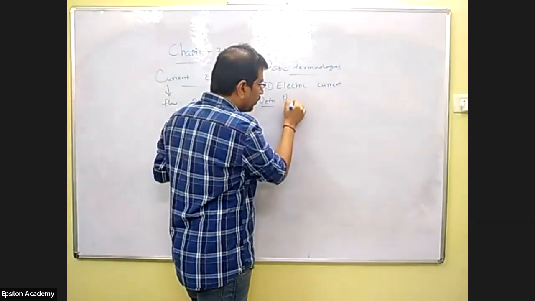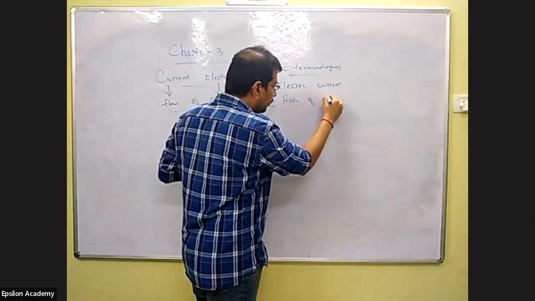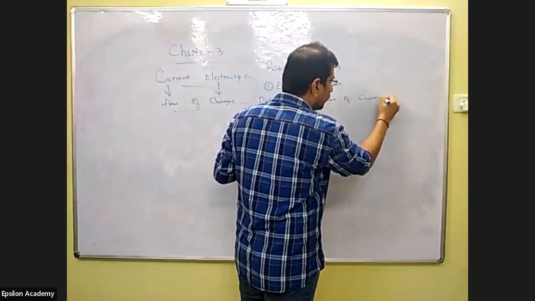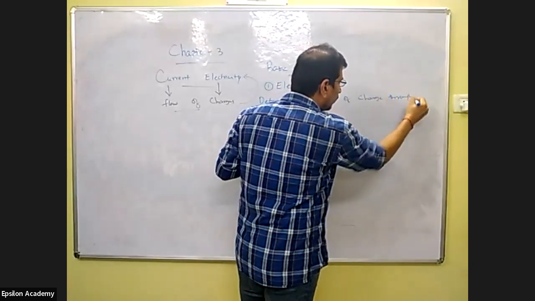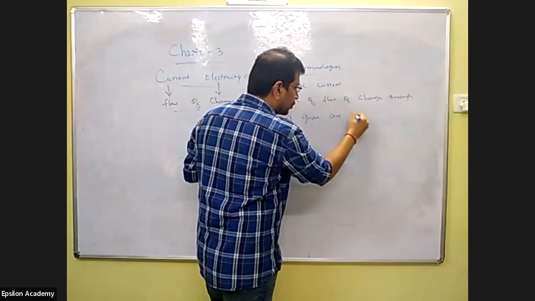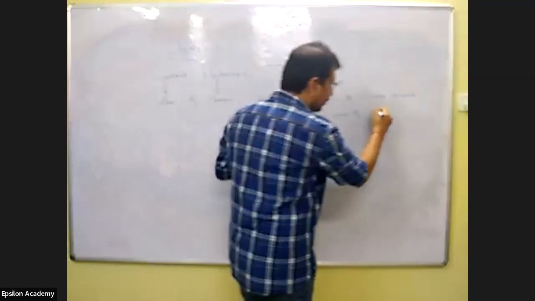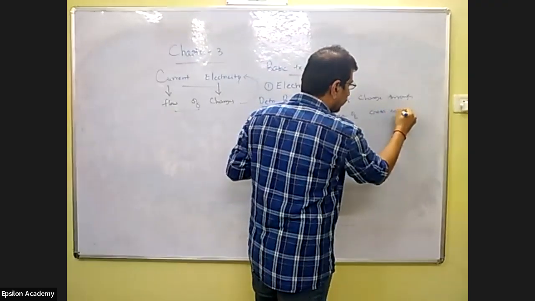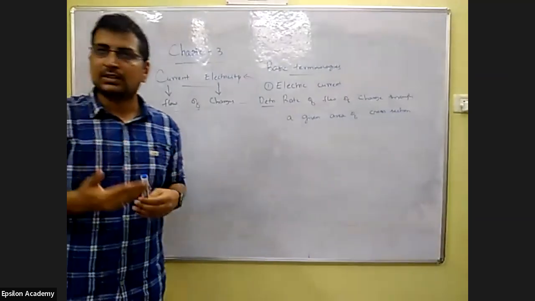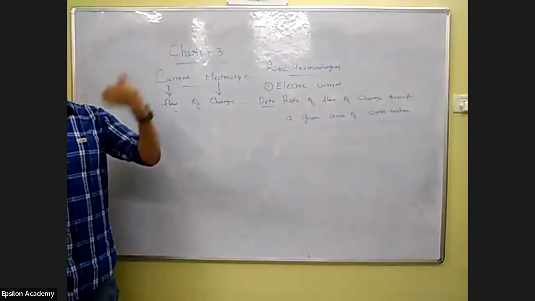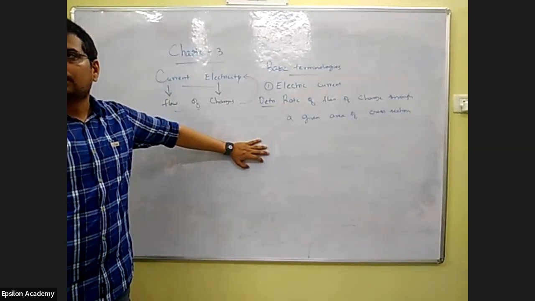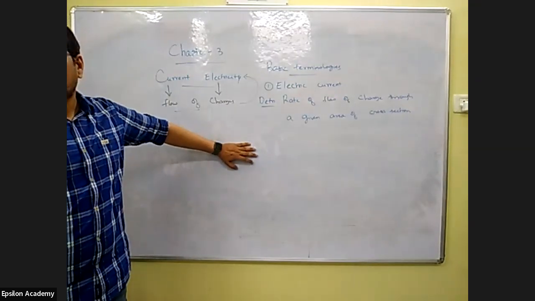You call it the rate of flow of charge through a given area of cross section. Through a given area of cross section, you calculate the number of charges that are flowing, and you divide it by the time for which those charges are flowing. Then you will get a parameter called electric current.